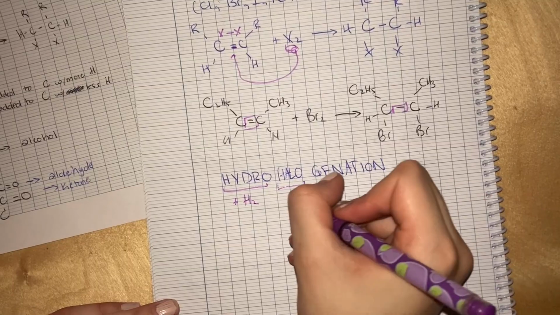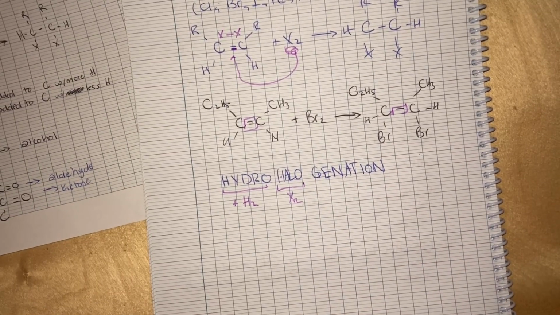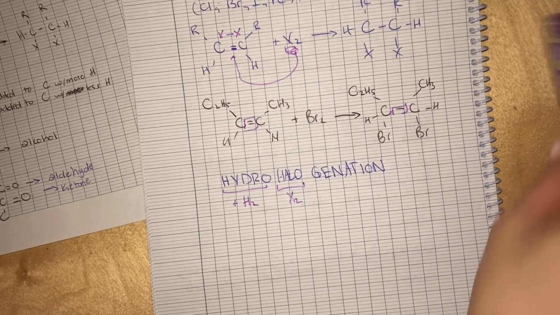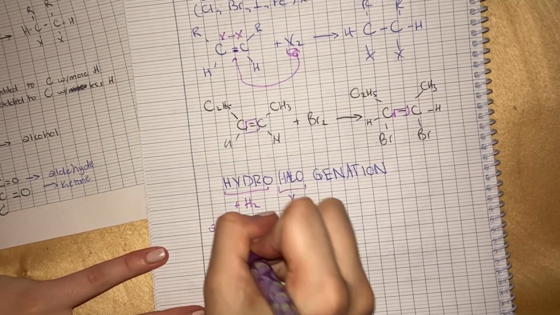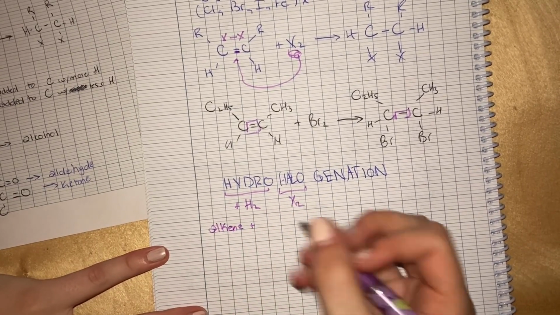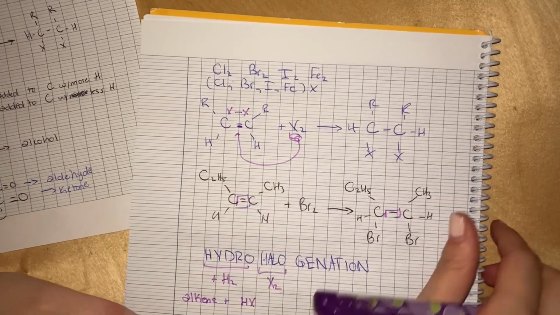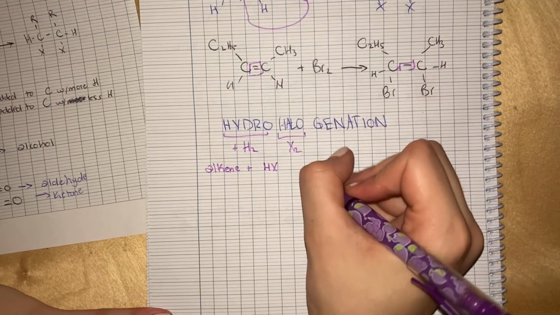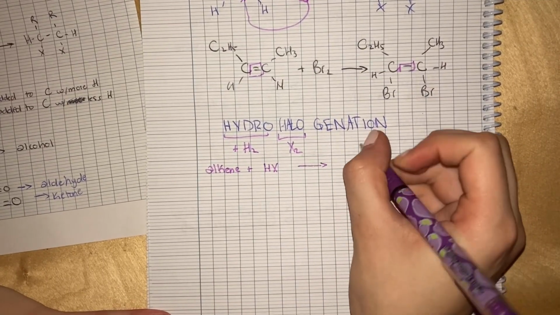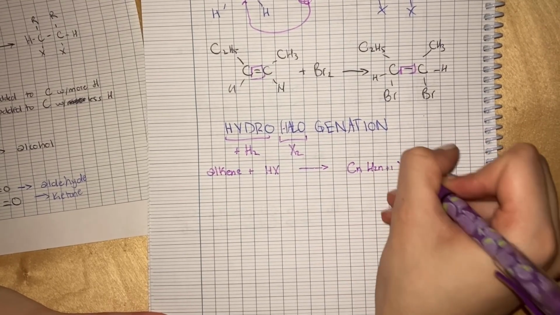Halogenation is the addition of X2, right? So what hydrohalogenation is, is an alkene with HX added to it. So again, X is either Cl, Br, I, or F. So hydrohalogenation is alkene plus HX, which gives CnH2n+1X.